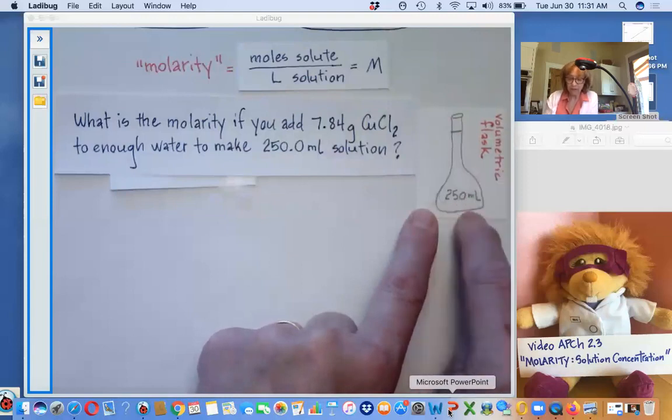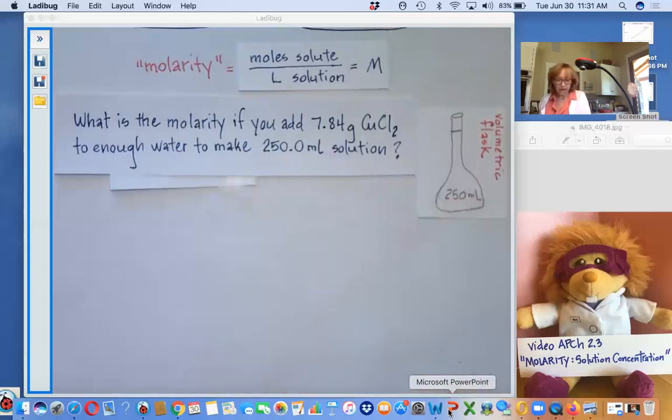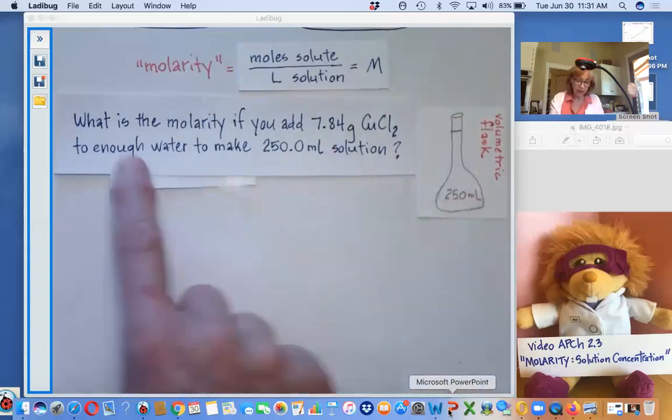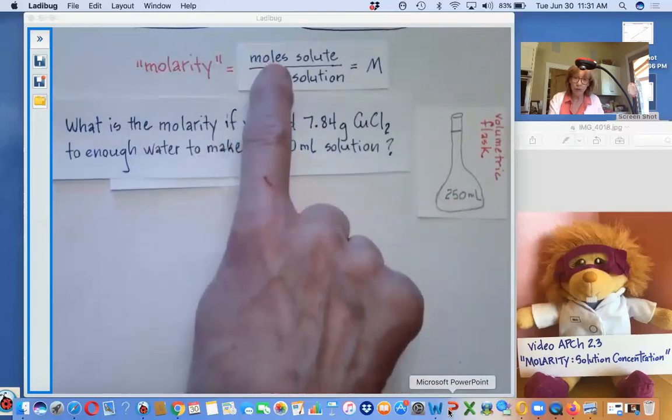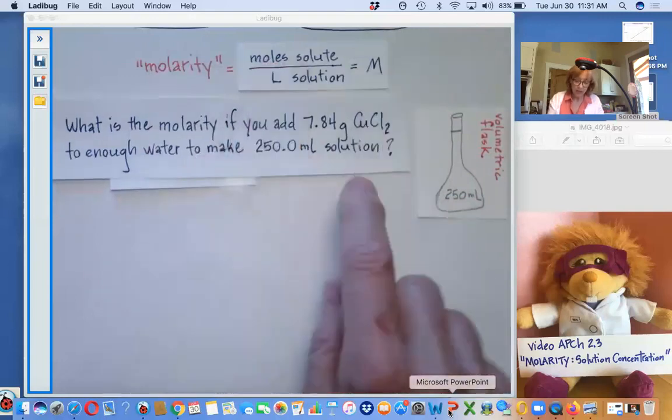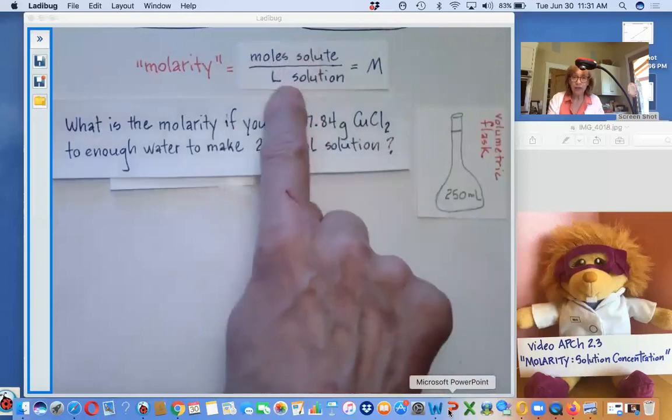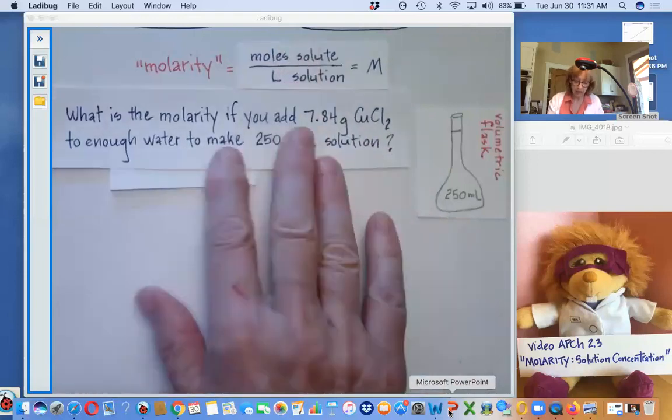It's for measuring a very precise volume of total solution. All right, so to calculate the molarity, we need two pieces of information. We need to know the moles of solute, and that will go in the numerator, and then the liters of solution in the denominator.